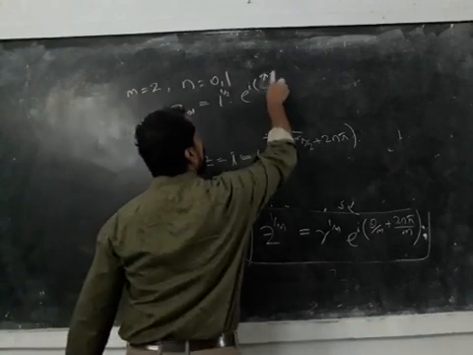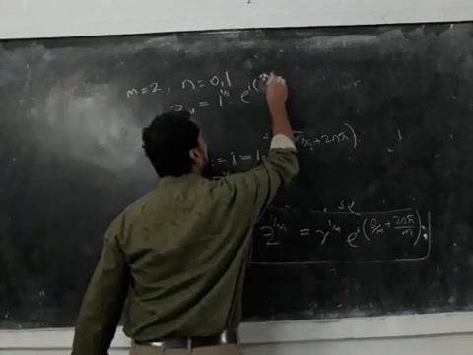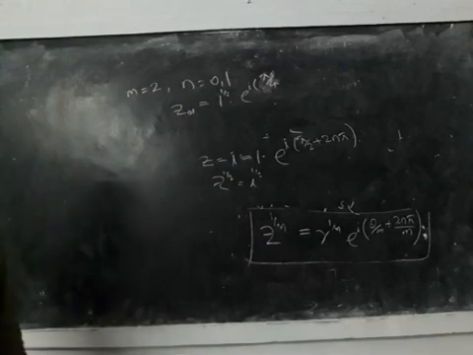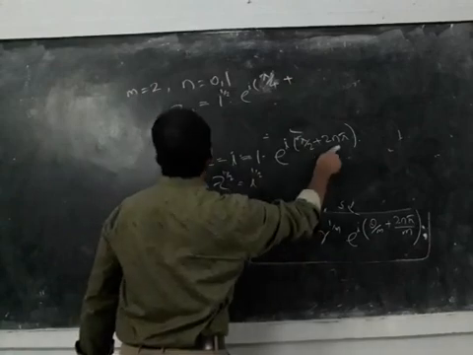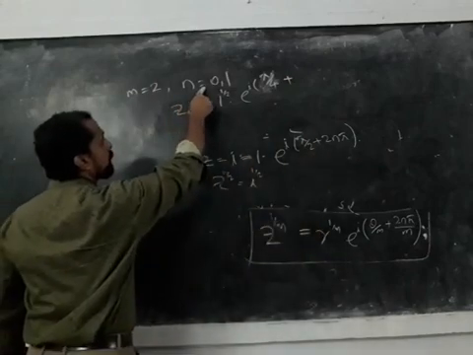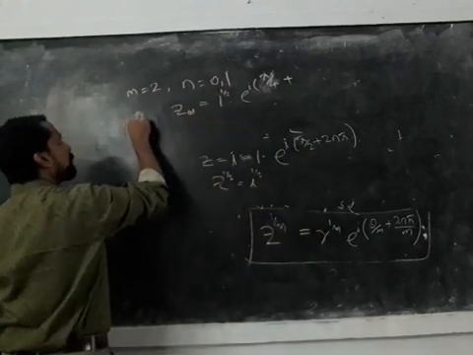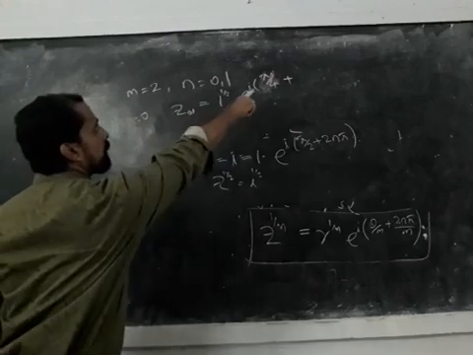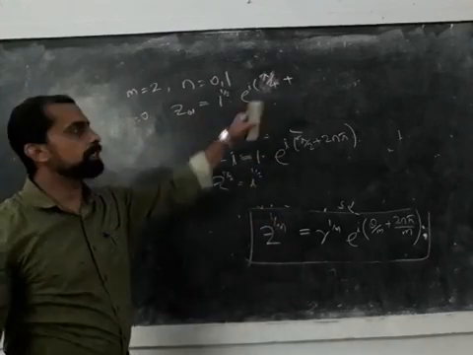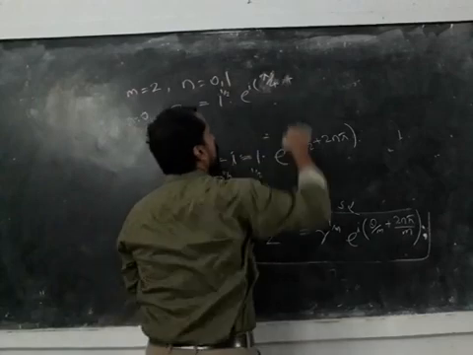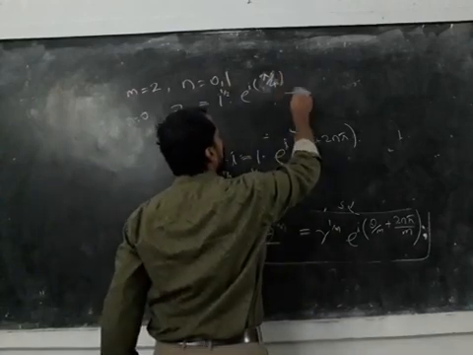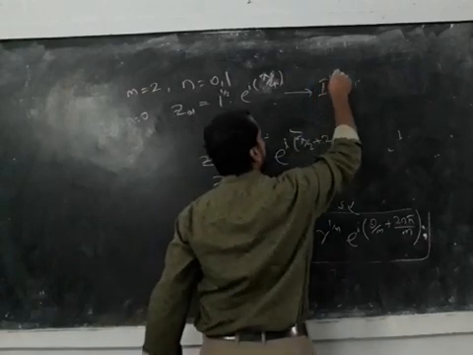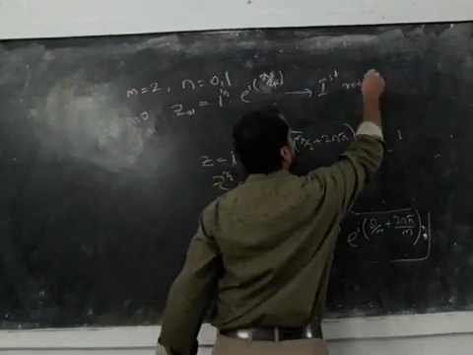So this will be pi by 4 plus 2n pi. This is for n equal to 0, so that term goes. So this is the first root.